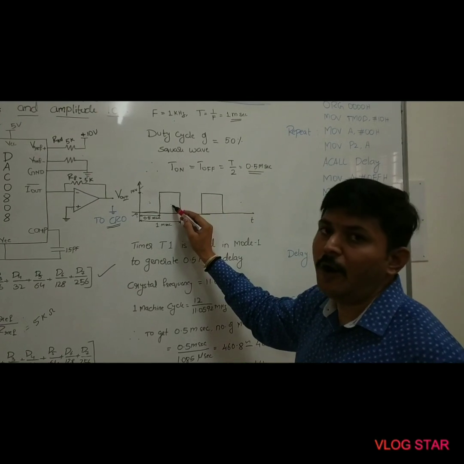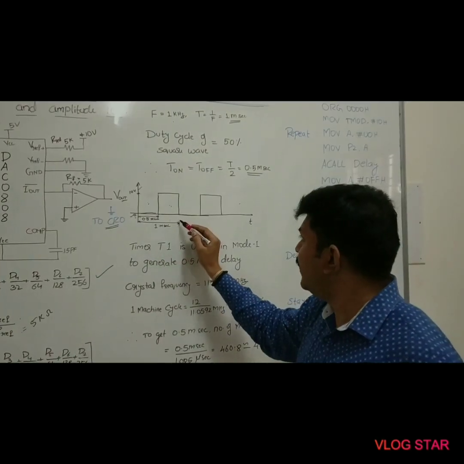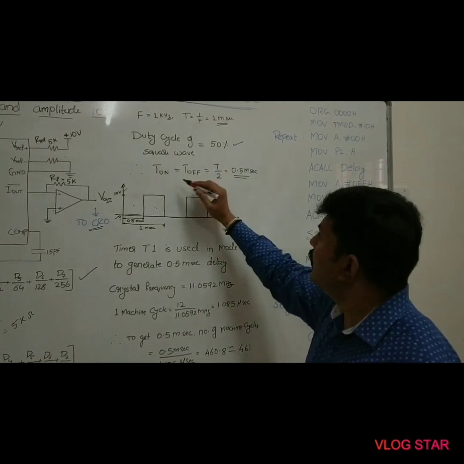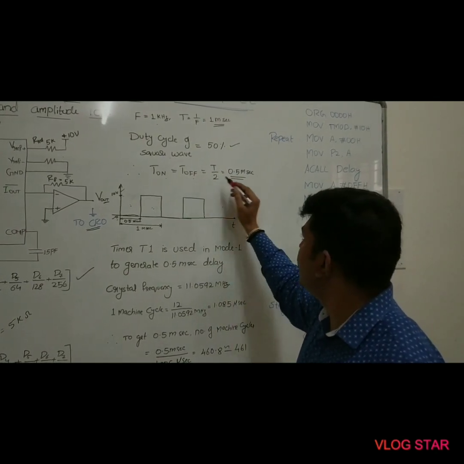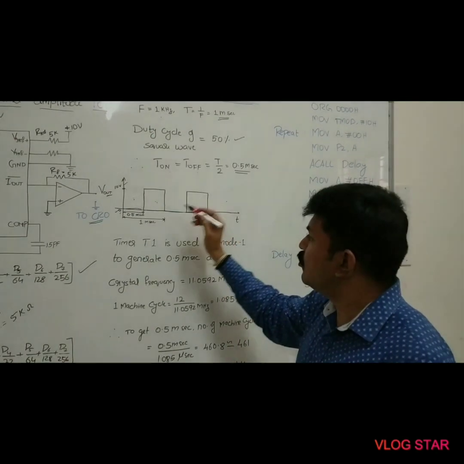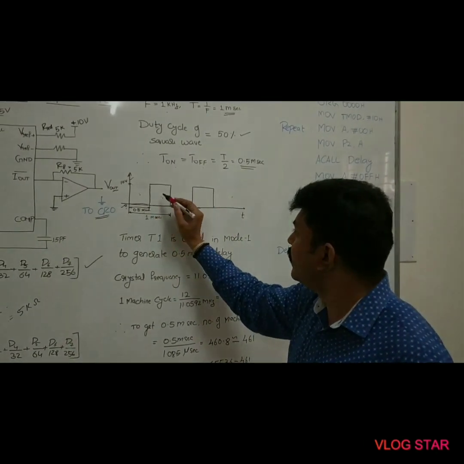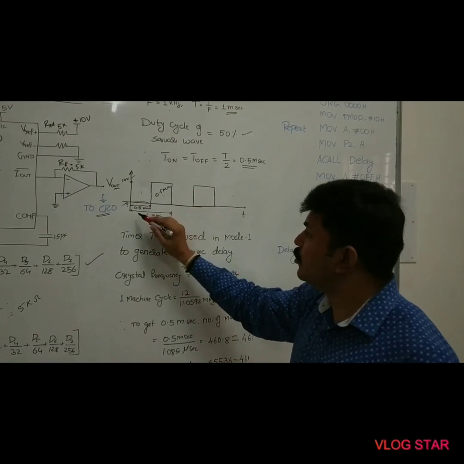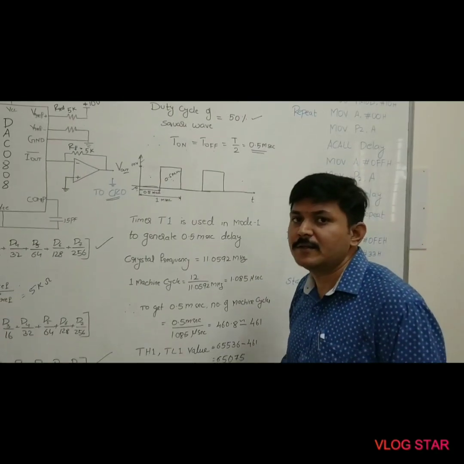As it is a square wave, the duty cycle will be 50%, so T on period and T off period will be 0.5 milliseconds. So 0.5 milliseconds off and 0.5 milliseconds on. So totally it will become 1 millisecond.